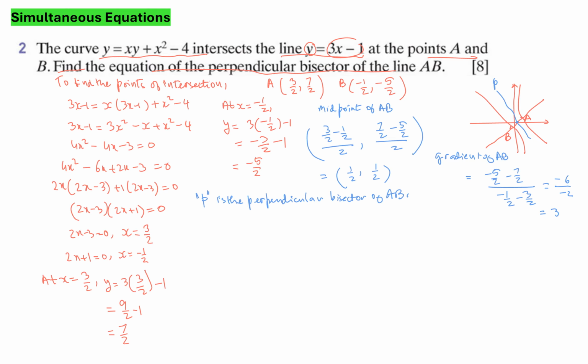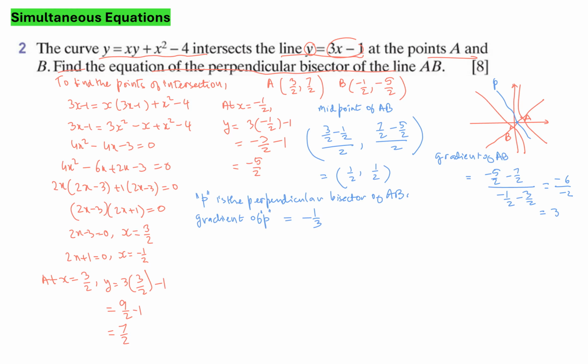Hence the gradient of P would be equal to minus 1 over 3. The product of gradients is to be minus 1. So the gradient of P is minus 1 over 3.